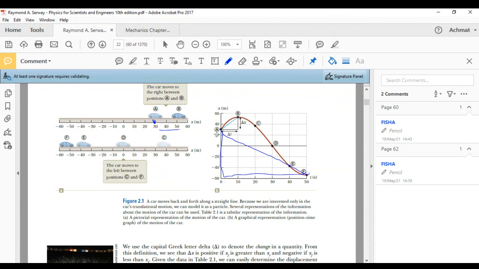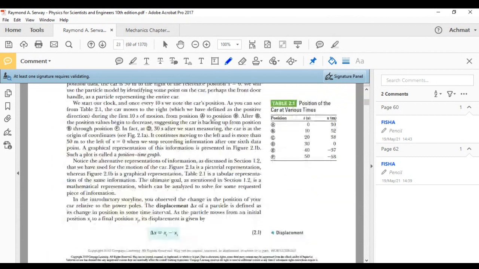So effectively from here, how much did we go that way? Remember, these are all positions.